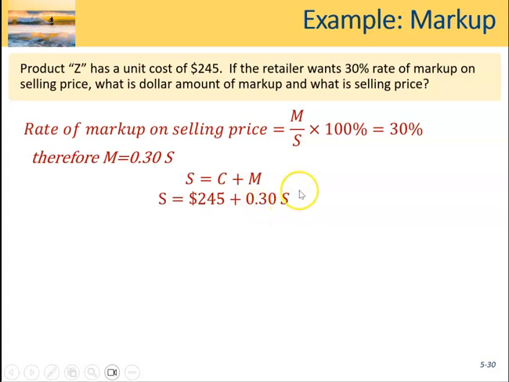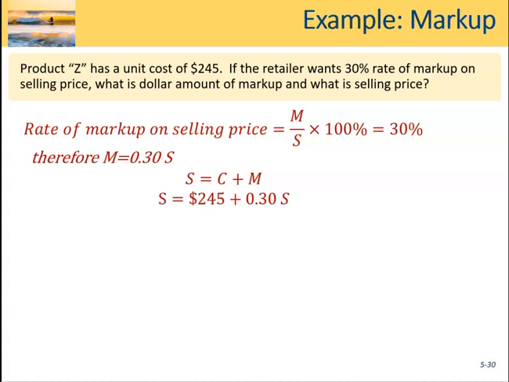So again, we're going to be looking at manipulating the equation, just like we went over in the review unit. We have an S on the left side, and we have a partial S on the right side. So we need to move that 0.3 S over to the other side. How do we get rid of it? We do the same thing to both sides of the equation.